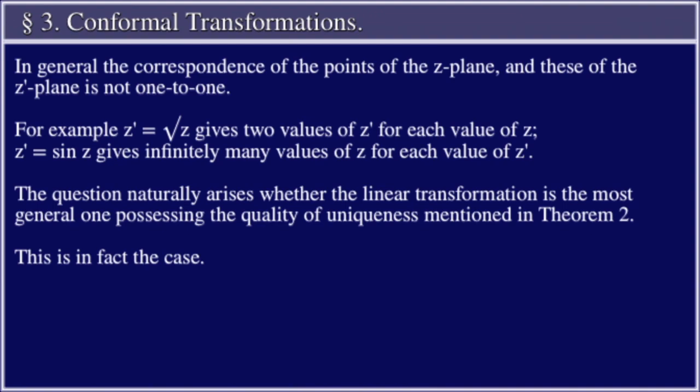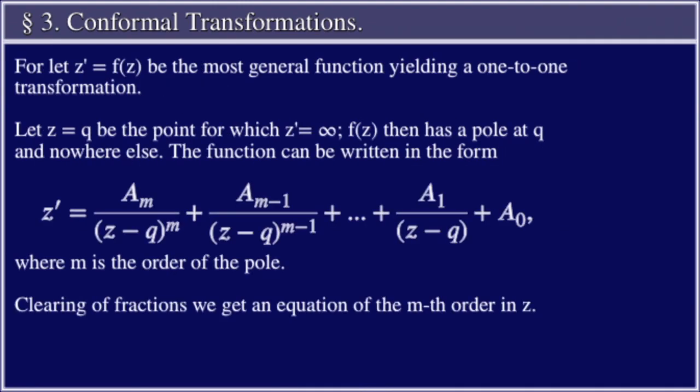The question naturally arises whether the linear transformation is the most general one possessing the quality of uniqueness mentioned in Theorem 2. This is in fact the case. For let z' equal f of z be the most general function yielding a one-to-one transformation. Let z equal q be the point for which z' is equal to infinity. z' then has a pole at q and nowhere else.